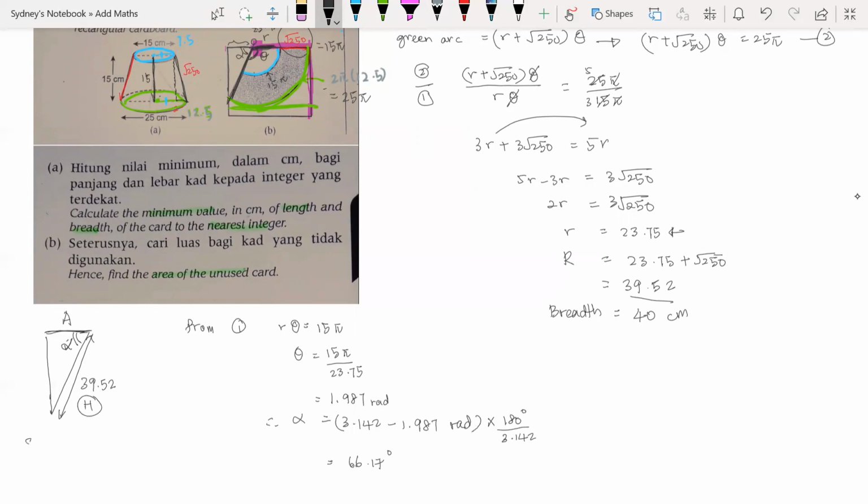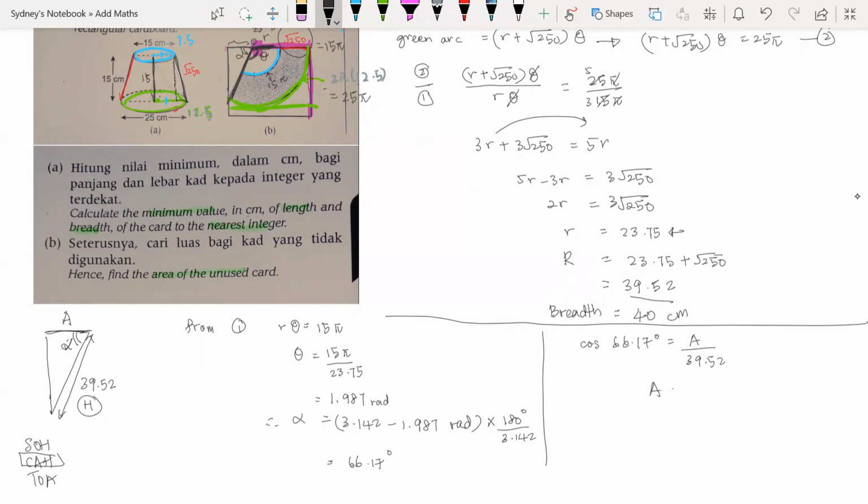So according to SOH CAH TOA, we shall use CAH, the function cos. Therefore, the function cos 66.17 degrees equals adjacent over the hypotenuse, which is 39.52.